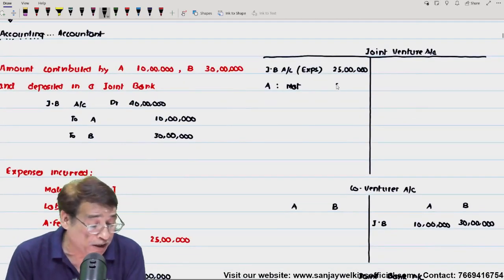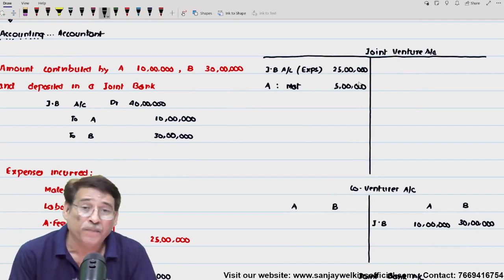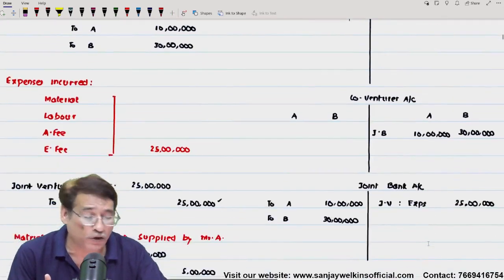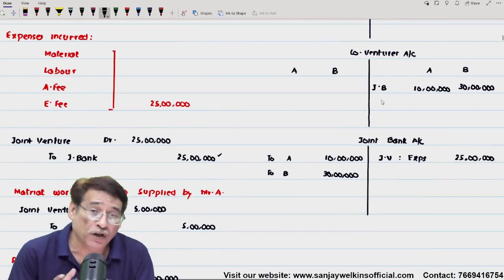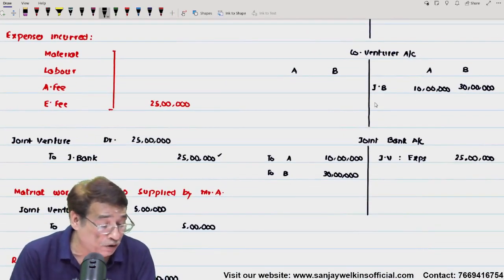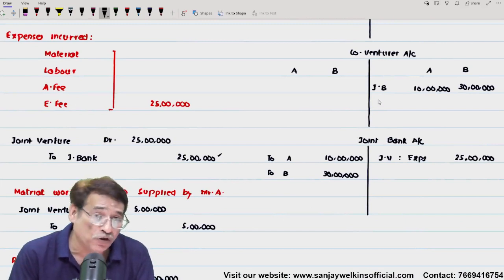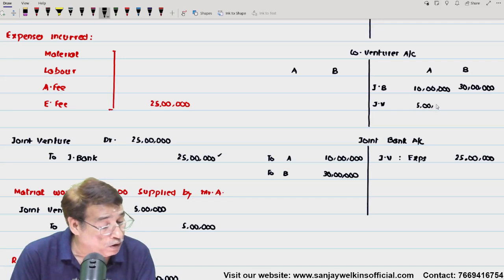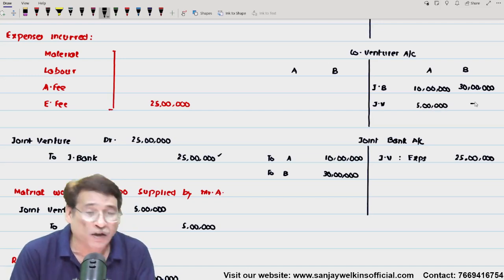So I am going to write here 5 lakhs. Correct? And because on the debit side of joint venture we have written to A, quite obviously we are going to cross it to the credit side of A. So in the co-venturer account, in the column of A towards the credit side, I am going to write by joint venture. That is 5 lakhs. Correct?